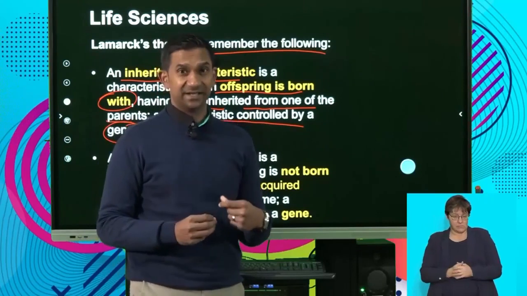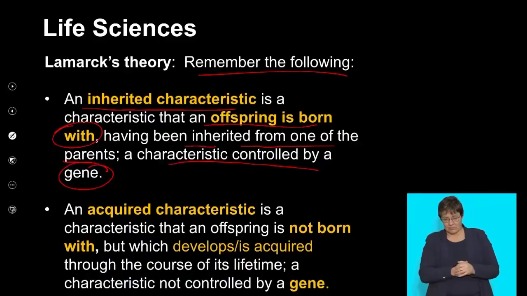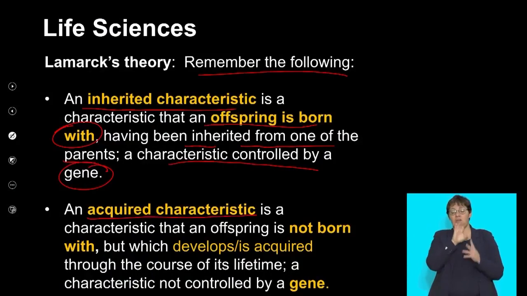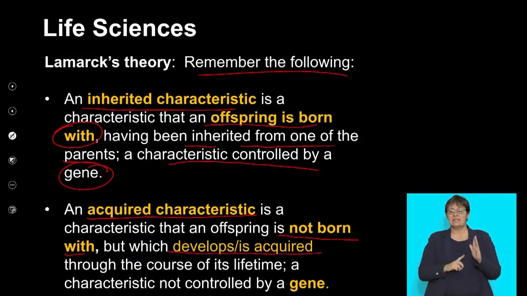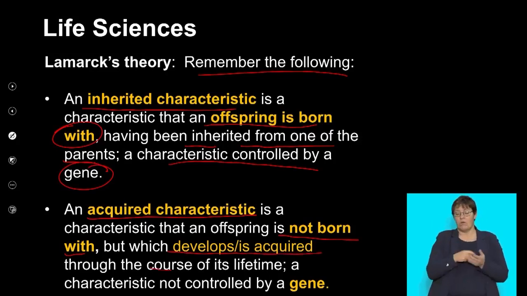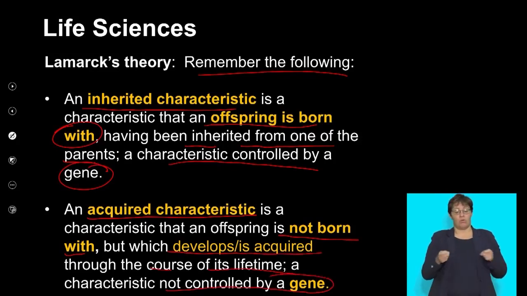Today we understand that, and hence we can explain this concept much more scientifically. We also need to understand that an acquired characteristic is a characteristic that an offspring is not born with, but develops or is acquired through the course of its lifetime, and is not controlled by a gene.